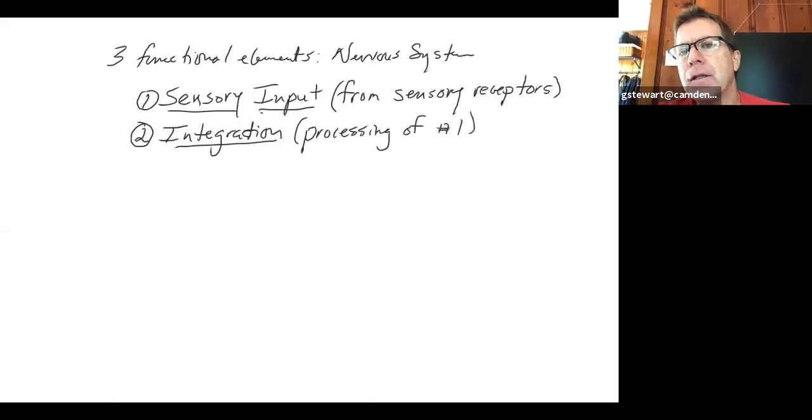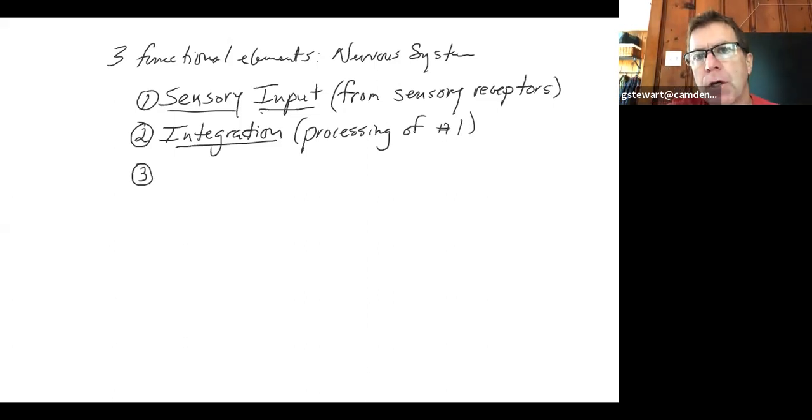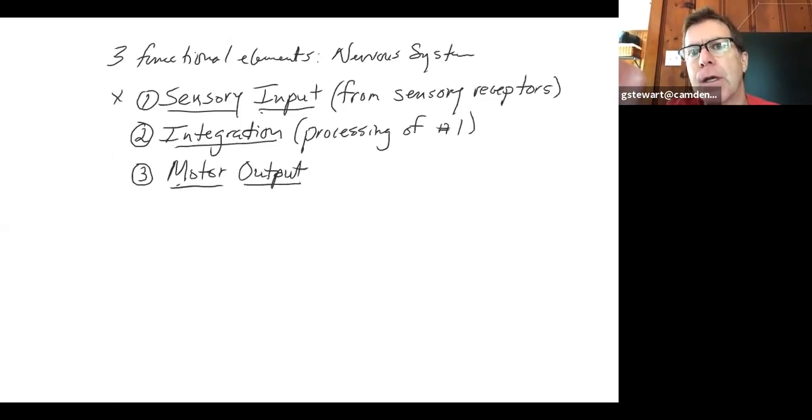Okay, and then the brain and spinal cord, that integration center, processes the information, and then it sends out some sort of outgoing command, which we call motor output. The motor output is the response to the sensory input. So we always start with some sort of sensation.